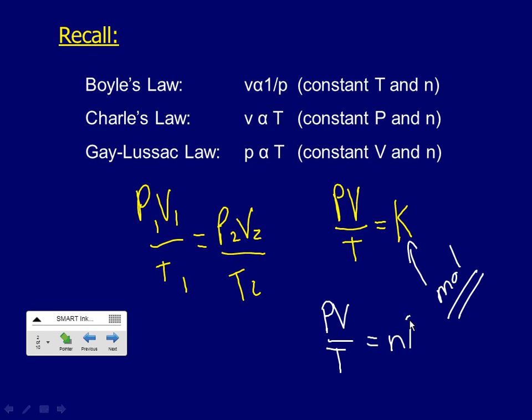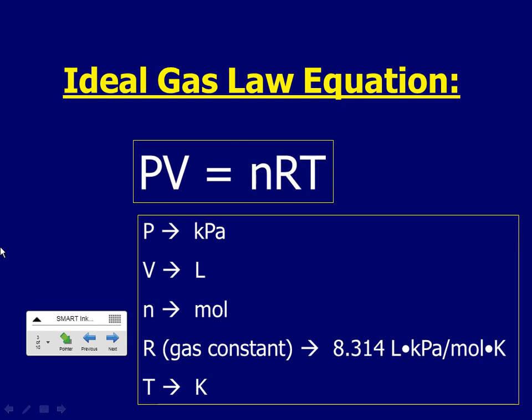We don't use K, but we use R. All right? Now, when we rearrange this, we typically don't write it like this. The T goes up to the top here, and the first slide on your handout has the version of the ideal gas law and the way we like to present it: P times V equals N times R times T. And all we did was bring the T to the other side.